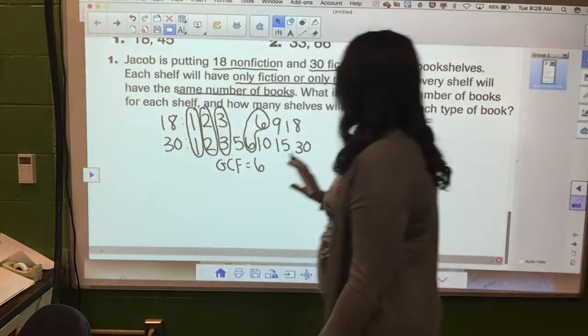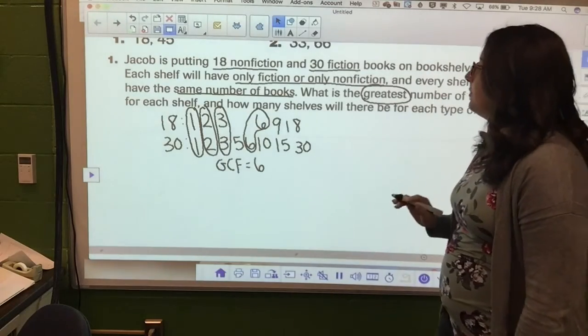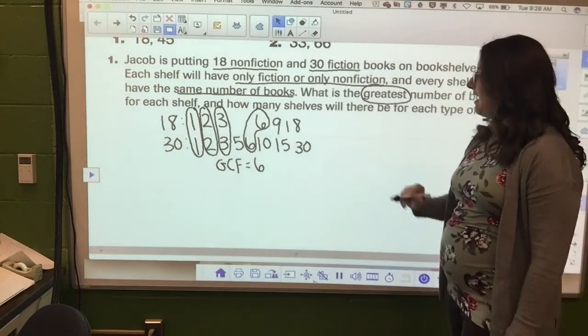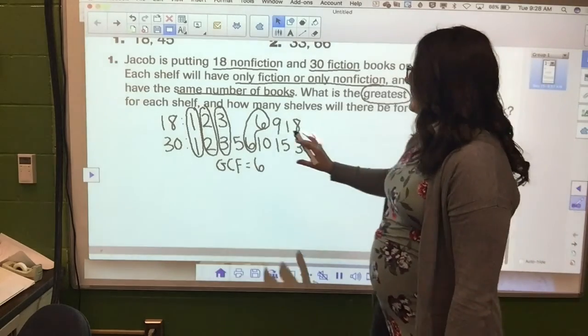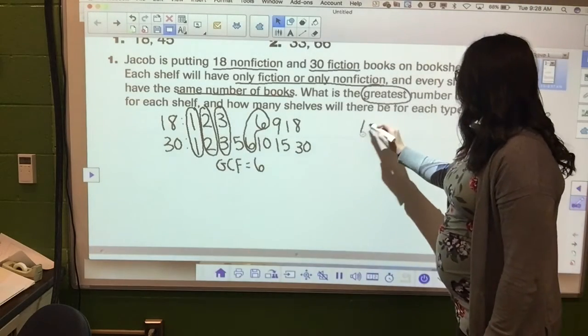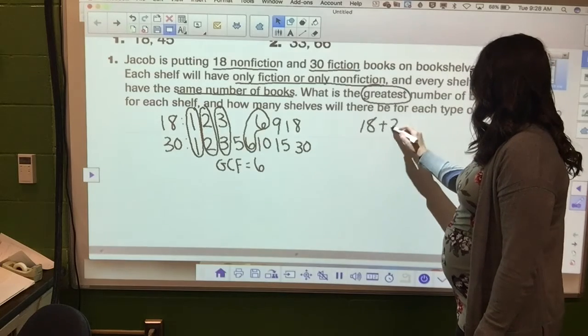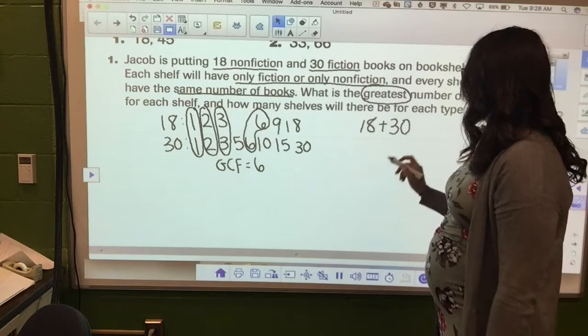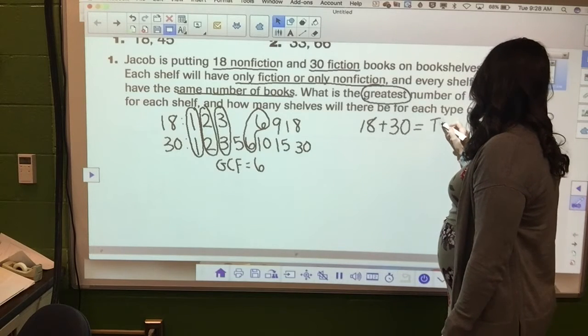So that means the greatest number of books that are going to be on each shelf is 6, because the GCF is 6. Now, we're going to take our 18 plus 30, because that's our total number of books in all, equals total books.